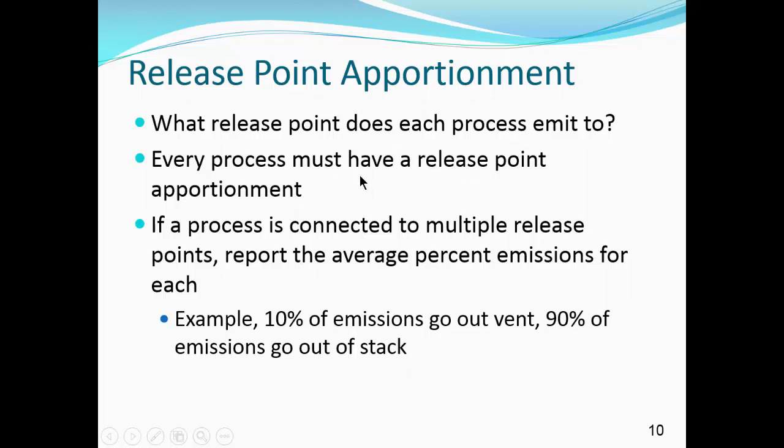Every process must have a release point apportionment because it makes a difference to how much is emitted and to where it comes out. Like if it goes out a really, really tall stack, that makes a difference in terms of what actually gets out into the air. So if you have a process that's connected to multiple release points, just report the average emissions, the percentage that goes into each.